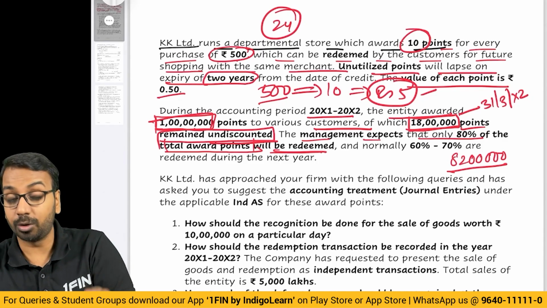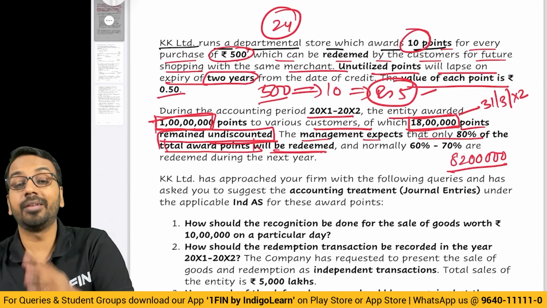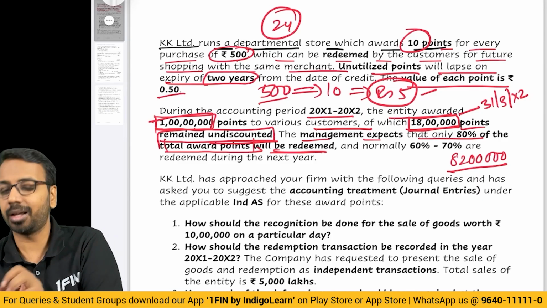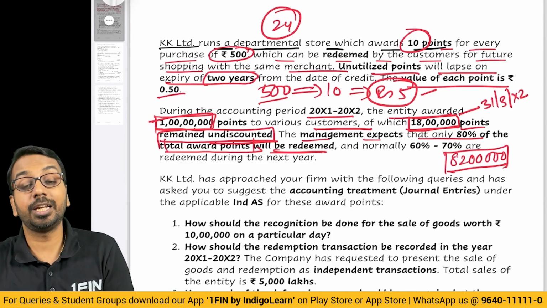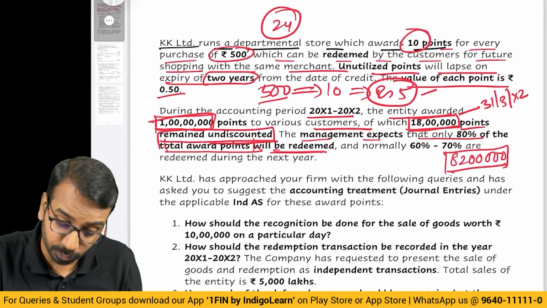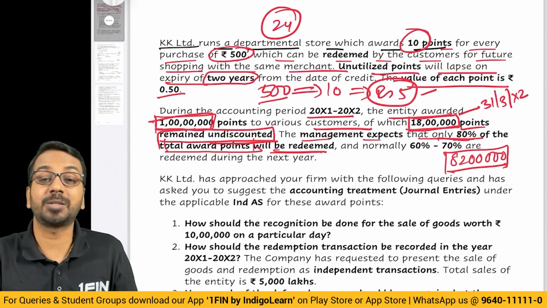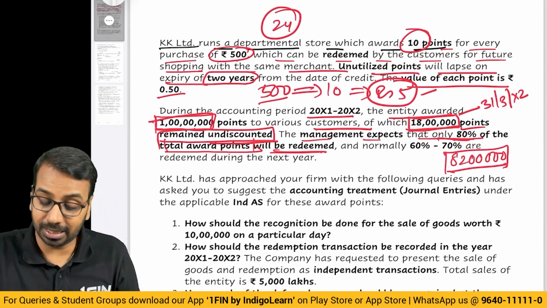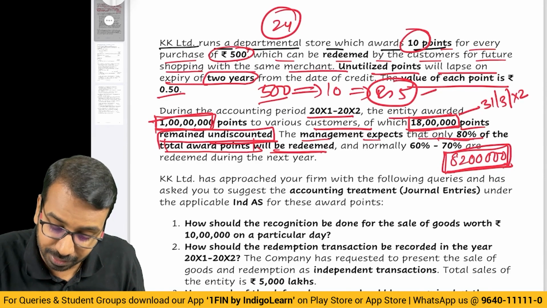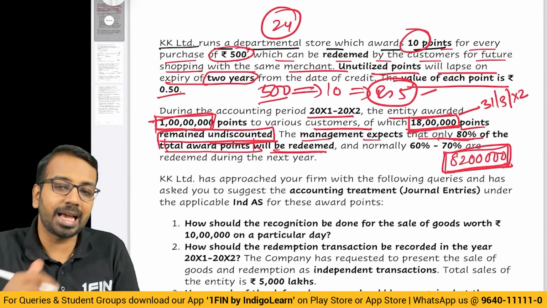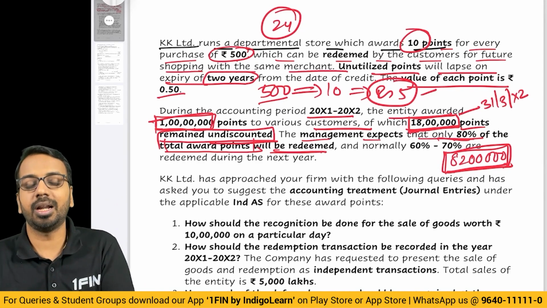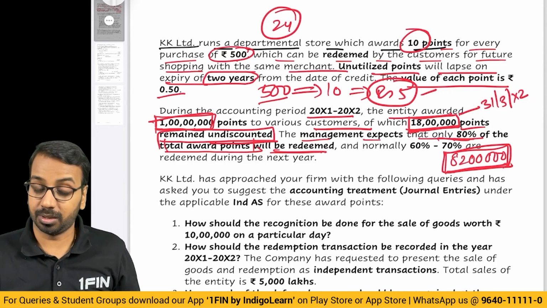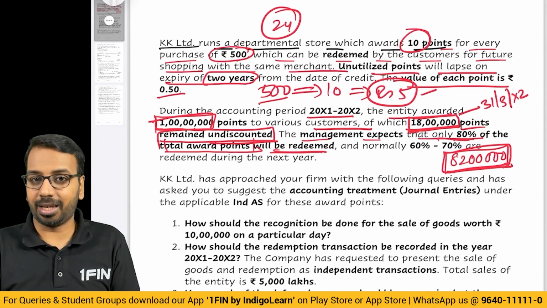On a plain reading, what we generally understand is that 82 lakh points have been redeemed. But sir, they said only 80%. Arey Baba, this is just an expectation. Actuals can be more than expectation. So my first understanding is 82 lakh points have been redeemed, and out of these 18 lakhs, when they come for redemption next year, I will assume 80% will be redeemed. That is a logical understanding.